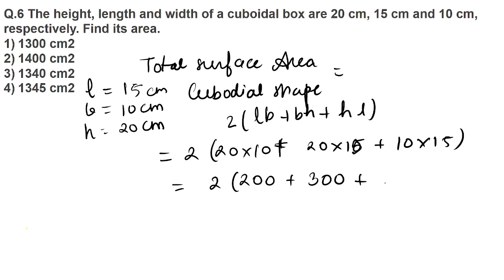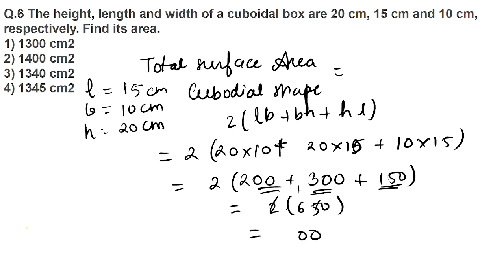Not 10. And this will give me 150. This is equal to 2 into 650, which is 1300. So 1300 centimeters square. Option number A is my correct answer for the given question.